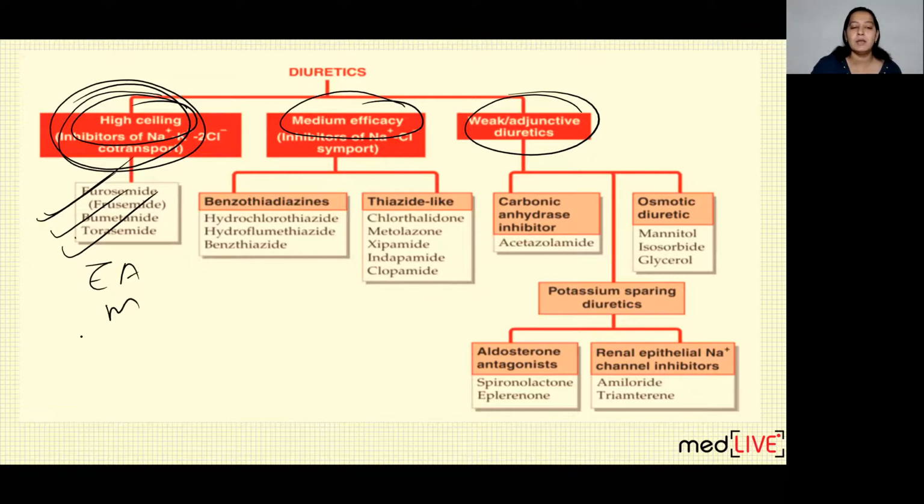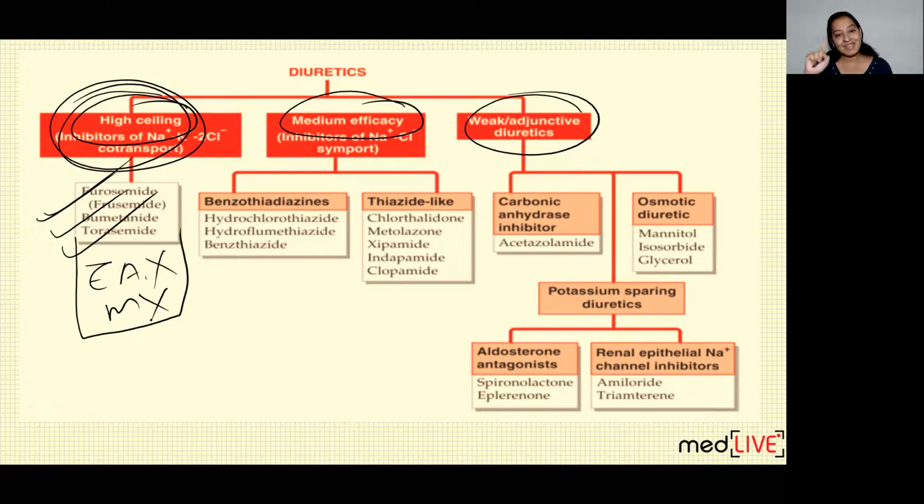You can elongate this box, but these two drugs are banned now in most countries because of some major side effects. Ethacrynic acid and mersalyl cause severe ototoxicity and deafness, because of which both of them are banned now. So they are not enumerated in the classification, but you must learn these are also high ceiling diuretics. So high ceiling diuretics are furosemide, bumetanide, torsemide. Apart from them, two more drugs, ethacrynic acid and mersalyl.